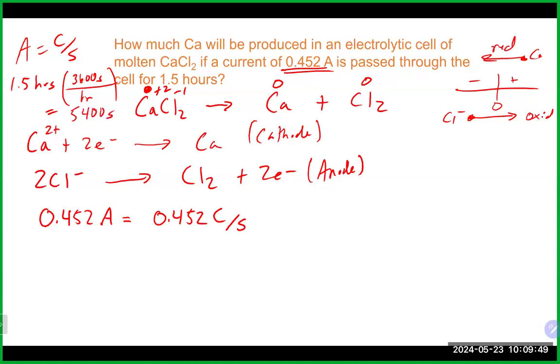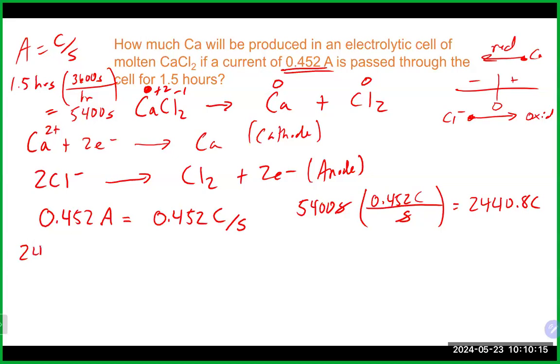So I'm going to take the time I ran the cell for, 5,400 seconds, and multiply it by the amperage, 0.452 coulombs per second. The seconds cancel out, and that gets me 2440.8 coulombs. At this point I'm going to use Faraday's constant, 96,500 coulombs per mole of electrons, to convert this into moles of electrons.